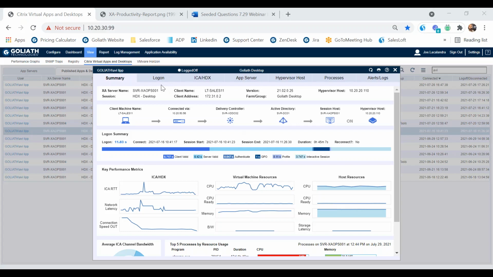Citrix Director is great technology, but it looks really just at the Citrix stack to tell you whether you're having an issue or not. Some of the metrics are similar, for sure, but many of them are not included in Director.